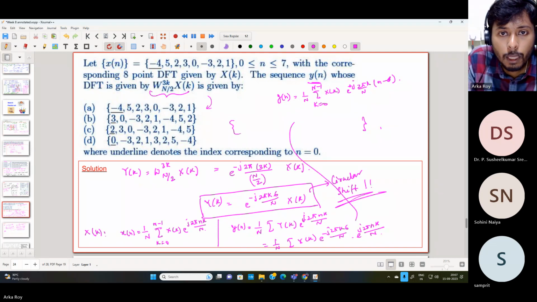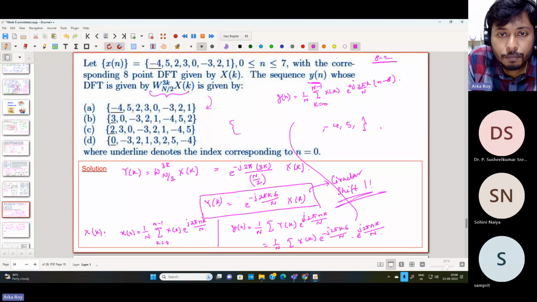So this could be minus 4, 5. And let's say at the first location, it will be n minus 2. So n minus 2, you have a total of 8 samples in the sequence, and then you can just do n minus 2, and you will get this location. So 0, 1, 2, 3, 4.